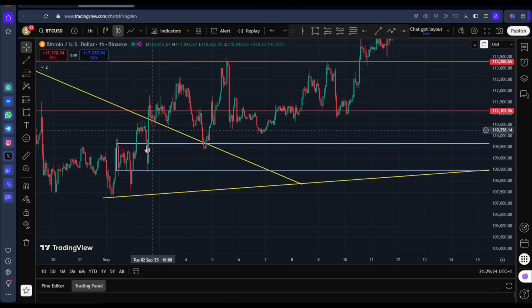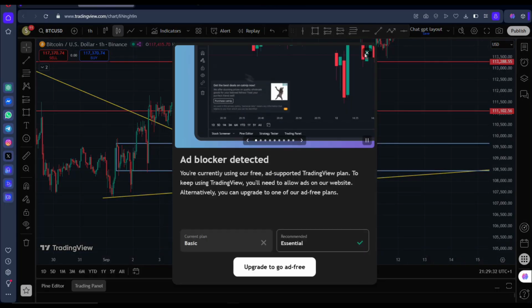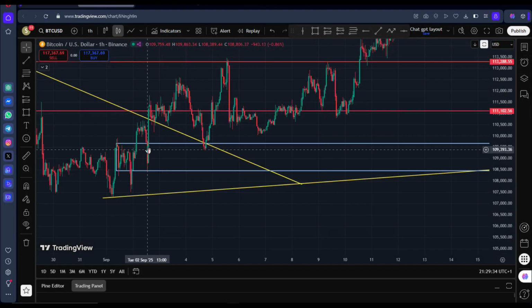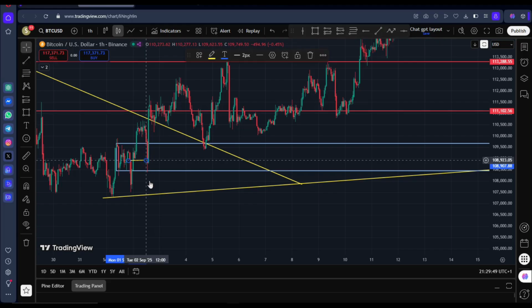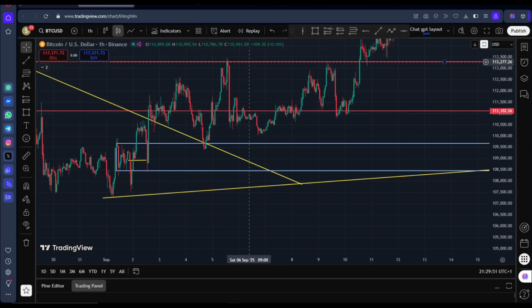Another thing that made me confident in this particular zone is, if you look right over here, it actually swept this liquidity. Why am I sure that this particular liquidity will work? Another thing I will check, I will use my Fibonacci and take it from this impulsive move here to this top right here, which is where we are currently monitoring. I'm going to look now, is this red?